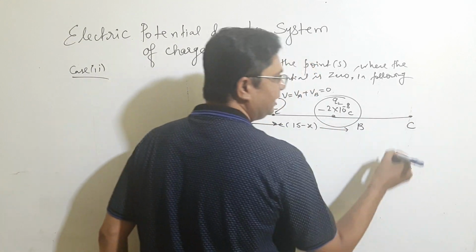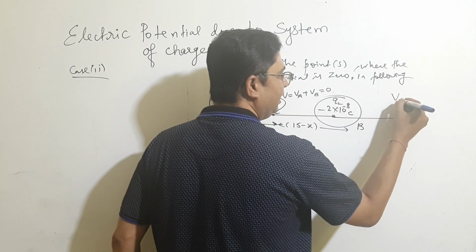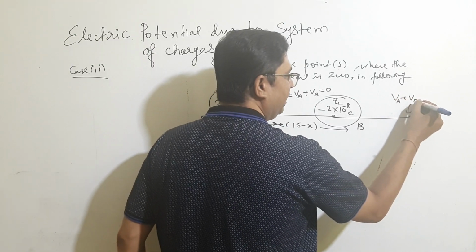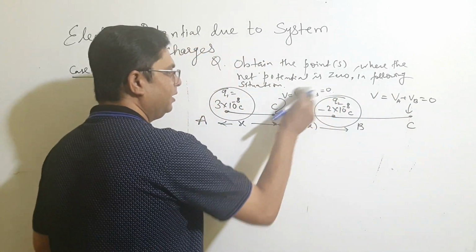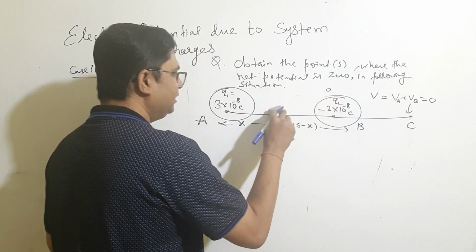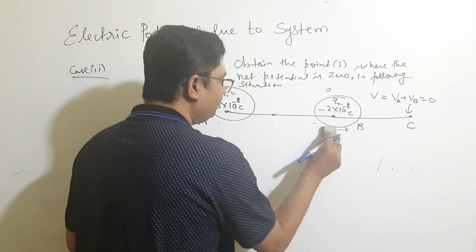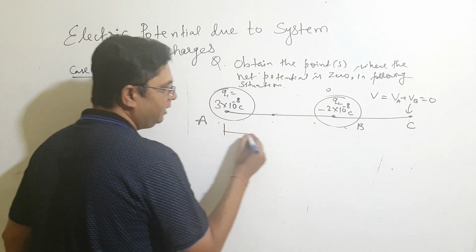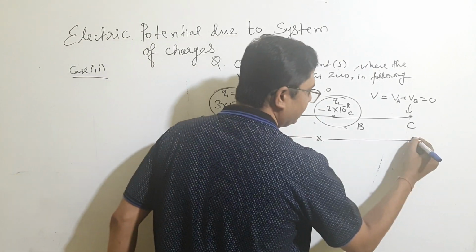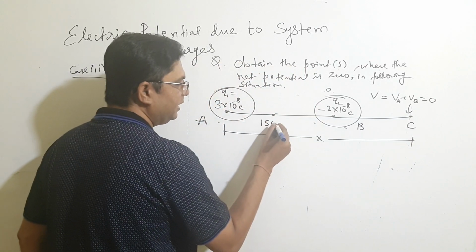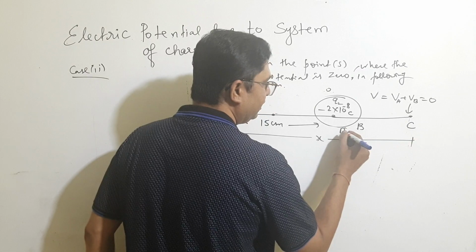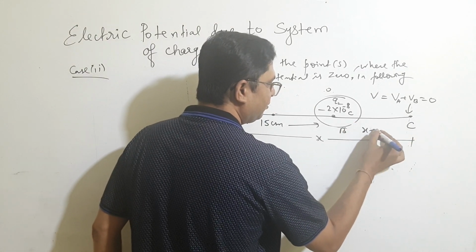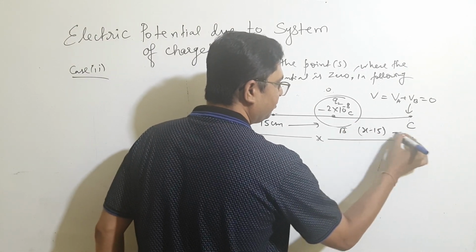Let the point C be here. So here you have VA plus VB equal to 0. So the distance from A to C will now be x. Since this is 15 centimeter, from B to C it is x minus 15 centimeter.